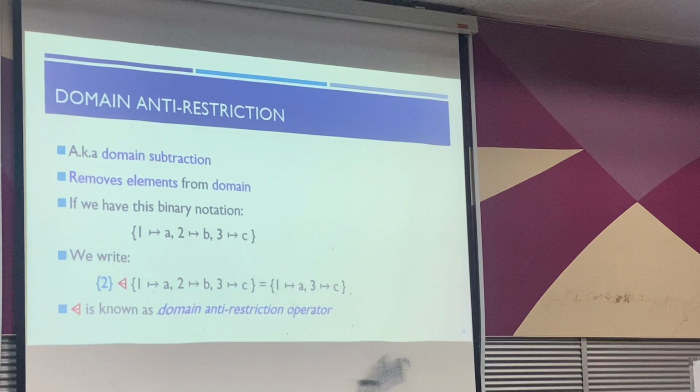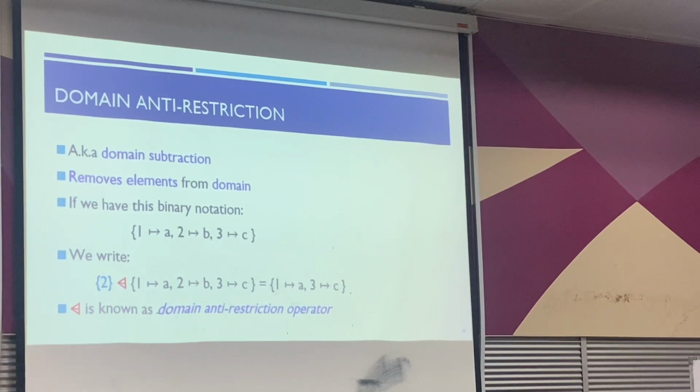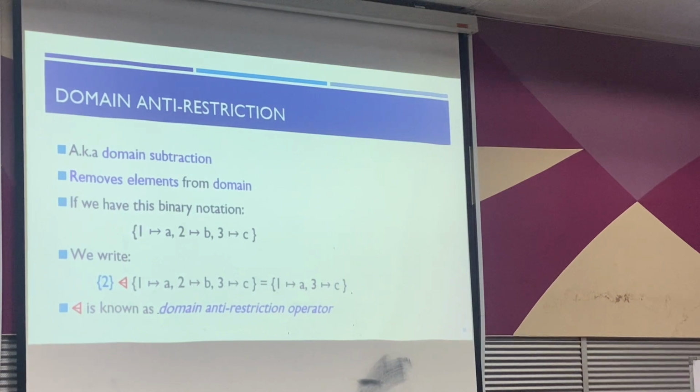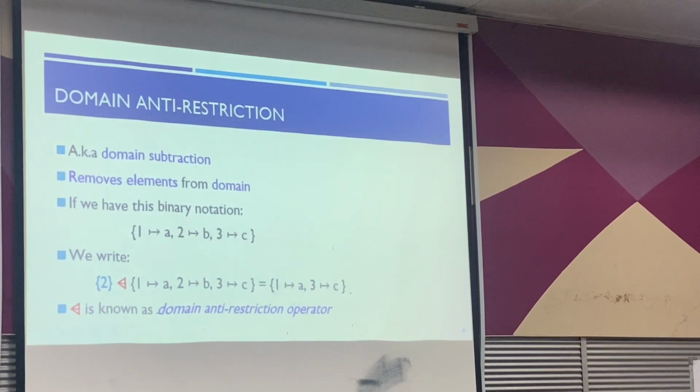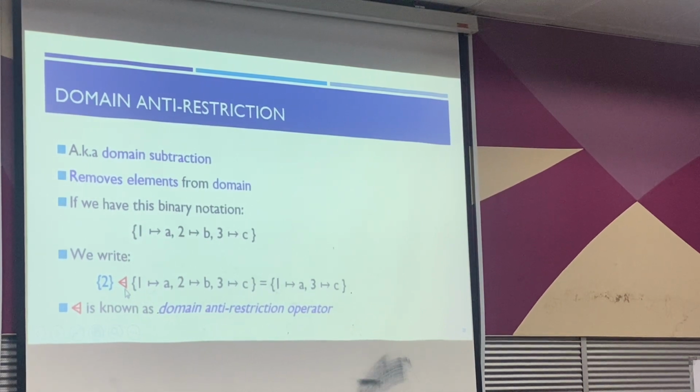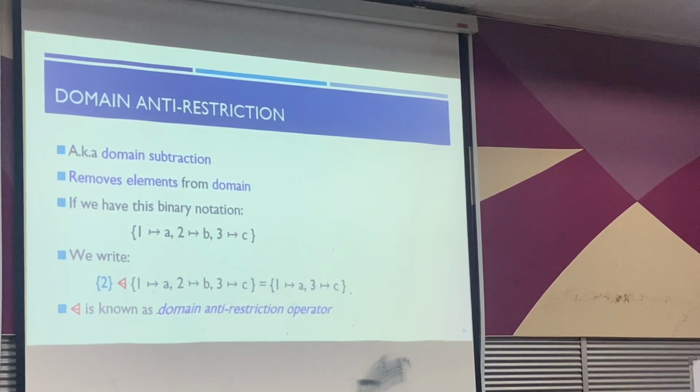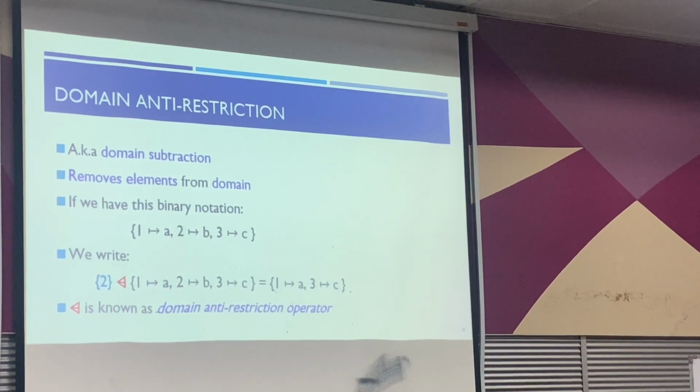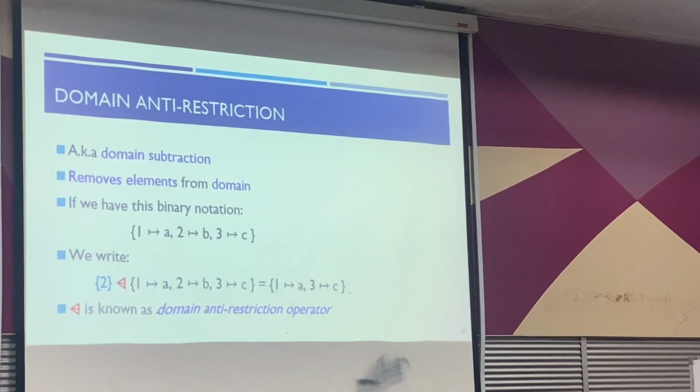The difference between domain restriction and domain anti-restriction is that they use a similar symbol, just that the anti-restriction symbol will have a line in the middle. Another difference is that just now you searched and produced the data found, but for anti-restriction, you found that data and you remove it.